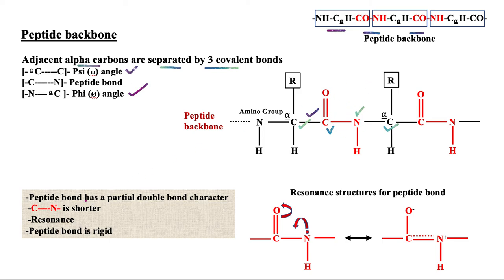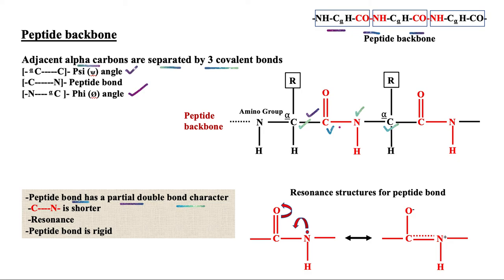Now let's come to the peptide bond. The peptide bond has a partial double bond character, as shown by earlier studies, and the C-N bond is usually shorter. If we compare the carbon-nitrogen bond in normal amines, not in a peptide bond, that bond is a bit longer.